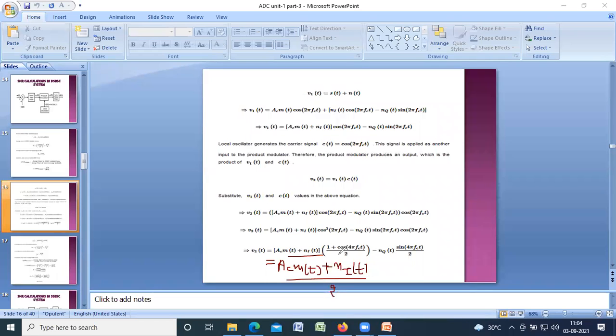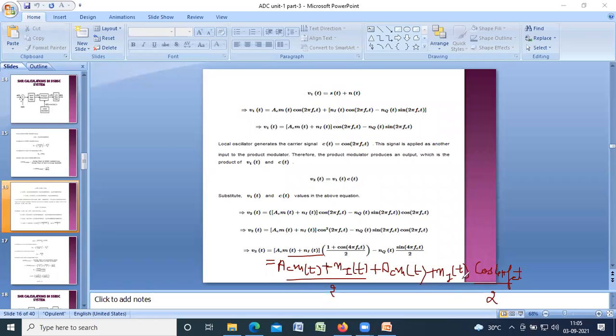The second term is again multiplied with cos 4 pi fct by 2, that is AC m of t plus NIT cos 4 pi fct, cos 4 pi fct by 2.